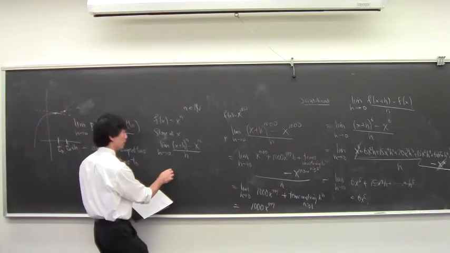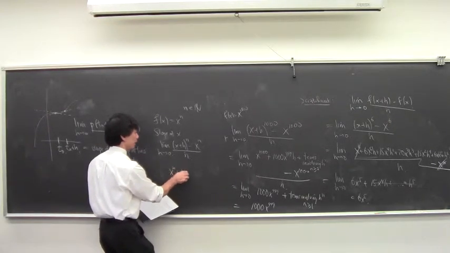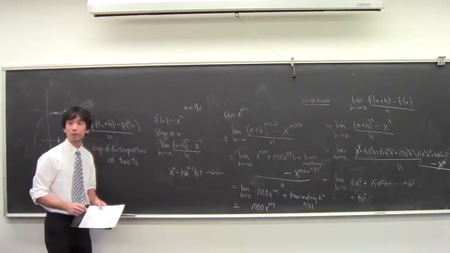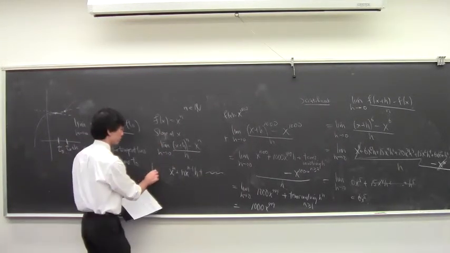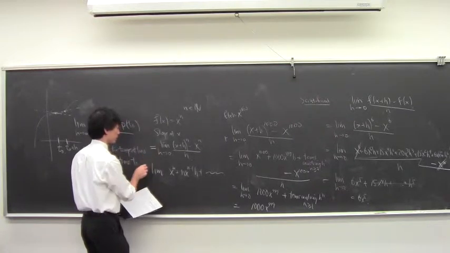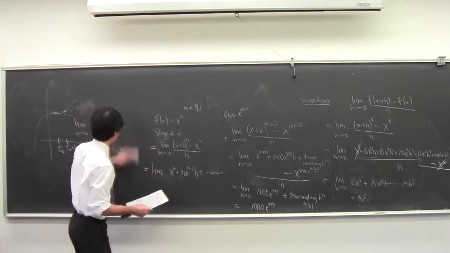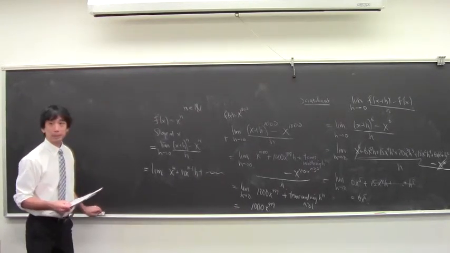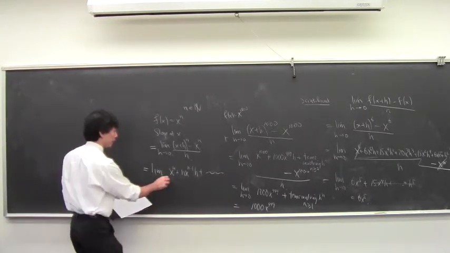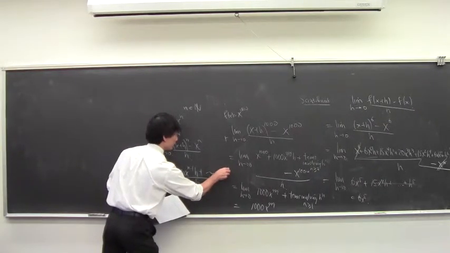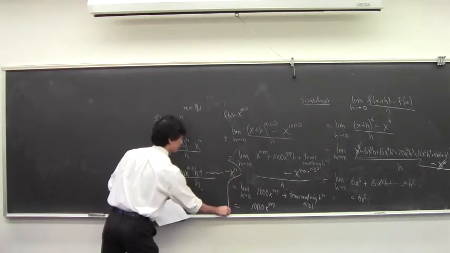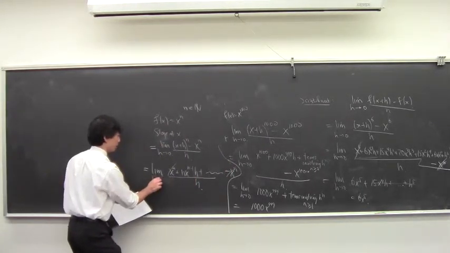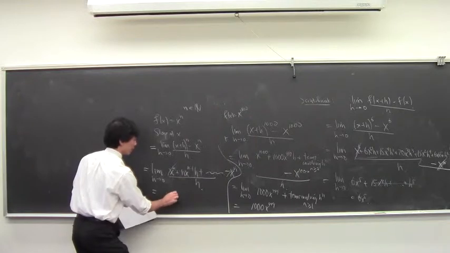It's going to be x to the n plus n x to the n minus 1 h plus terms, over h, and I need to subtract off, again, the x to the n. Again, the x to the n's cancel off, and you see what happens. I get n x to the n minus 1.